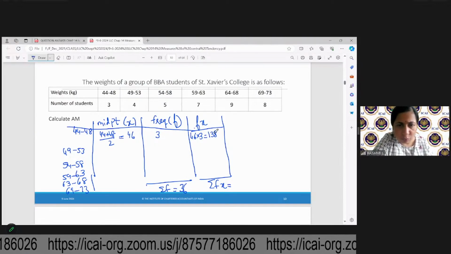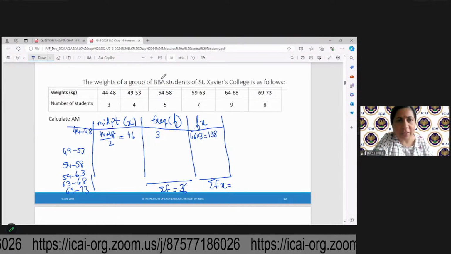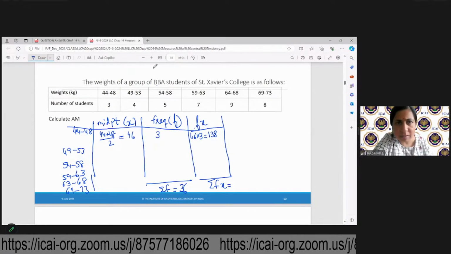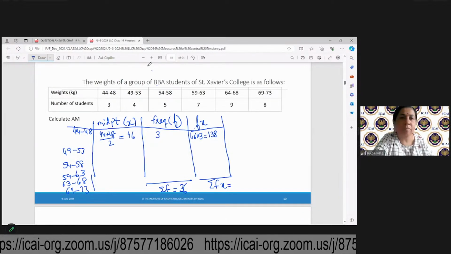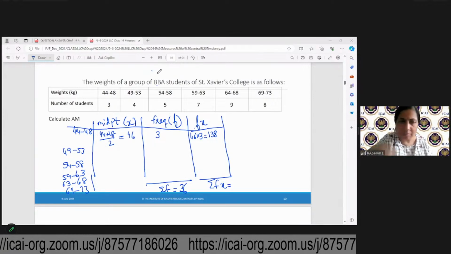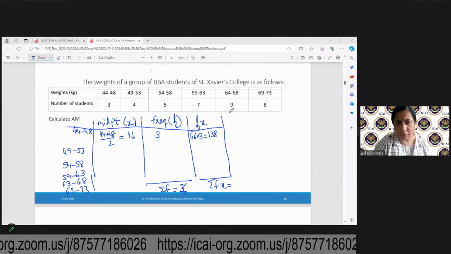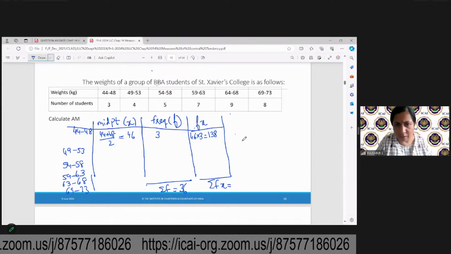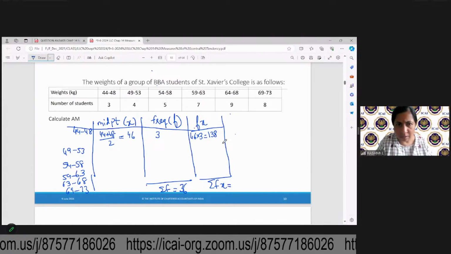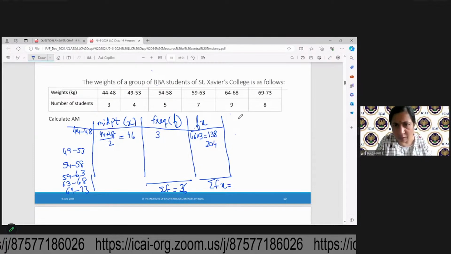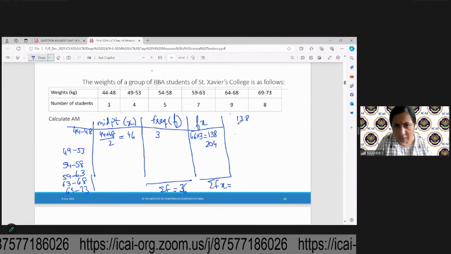Can you give me this? First figure is 138. After that, what are the figures? 204. Very good. I'll just write it over here. 138, 204.